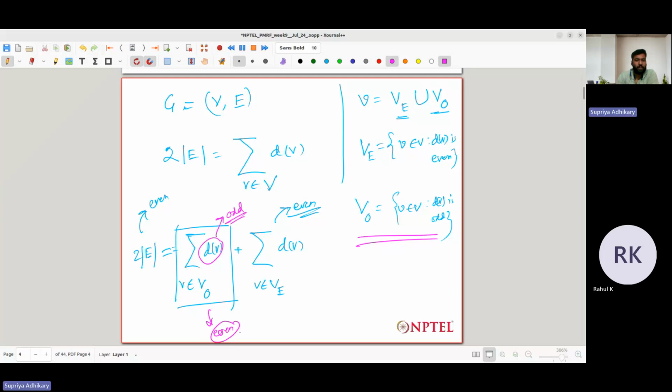Now, how is it possible that the sum of odd numbers is even? The only possible way is if the cardinality of VO is even. It is only possible when the number of elements in VO is even.